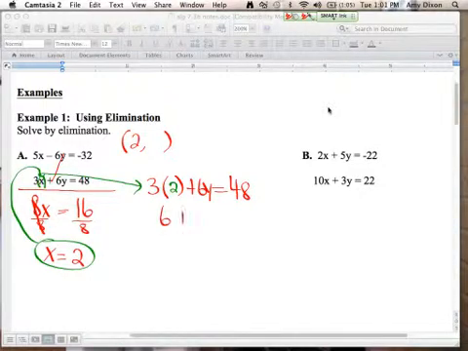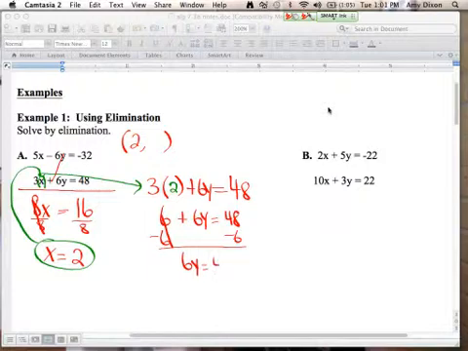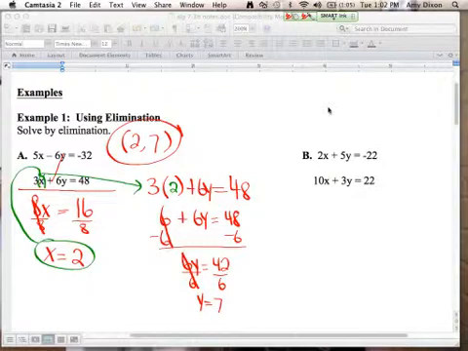So we get 6 plus 6y equals 48. Subtract 6 from both sides, so we get 6y equals 42. Divide by 6. So y is 7. So our solution is x equals 2, y equals 7, and that's where they intersect.